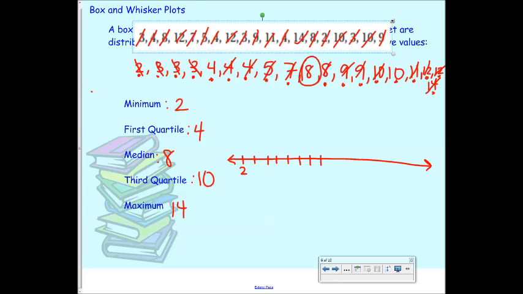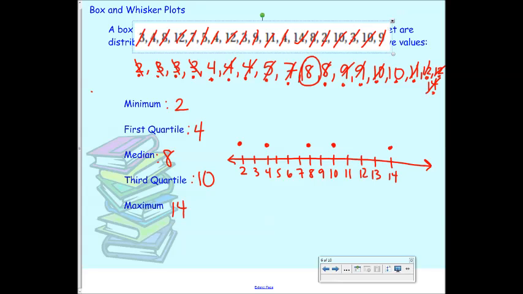Plot what? Median. All 5 of them, right? So I put dots, all 5 dots at 2 and 4 and 8, 10, and over here at 14. Where do my whiskers go? From the 2 to 4 and 10 to 14. And then my box goes here. And then I'll put another one here.